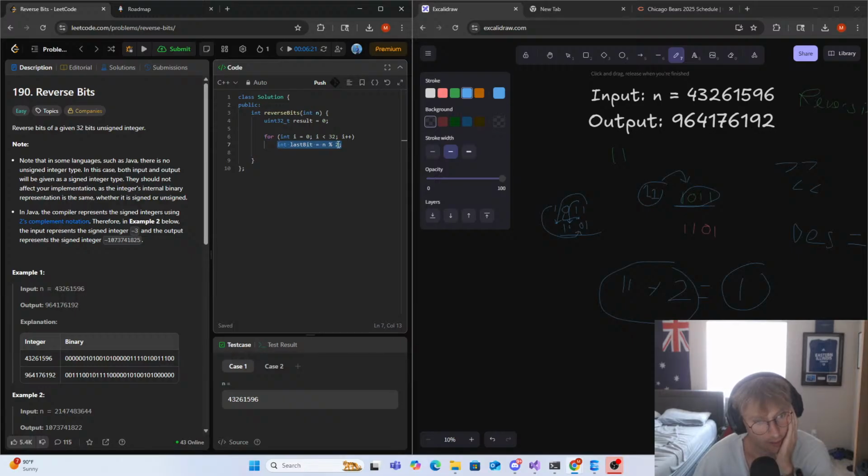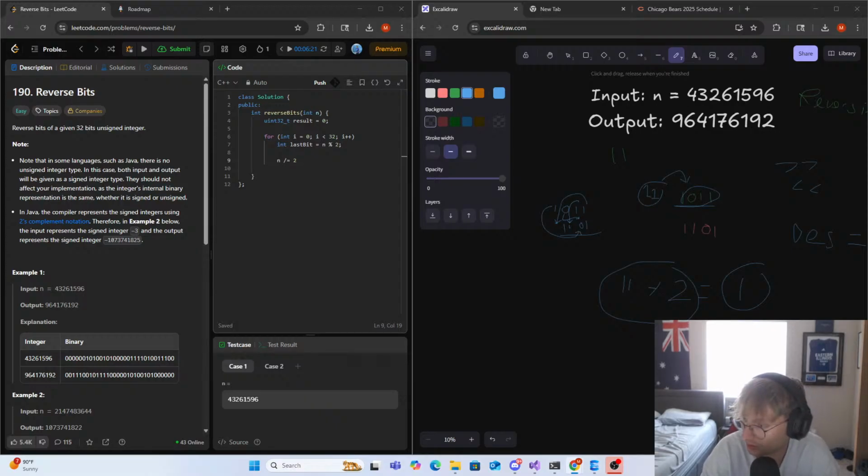But really, we're looping with this for loop 32 times, so we're going through each bit individually. And we will want to do n divided by equal to 2 every single time, because that's going to drop it by 1 bit every time. n divided by 2, we're right shifting, right?